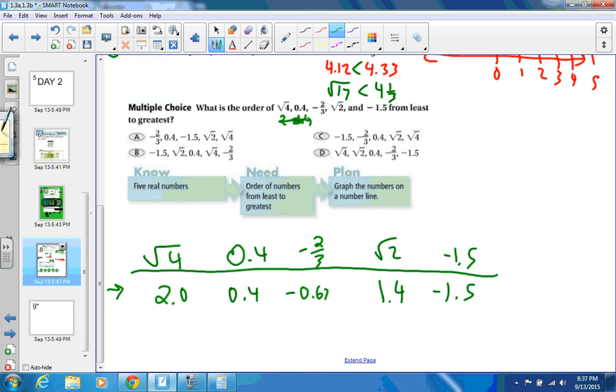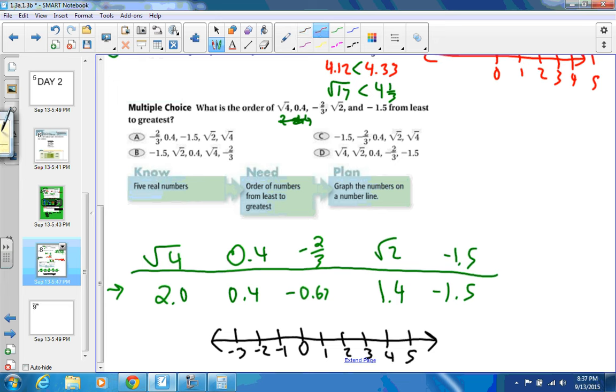So let's look at a number line here. If I were to make us a number line, I don't have to make it very big. Negative 3, negative 2, negative 1, 0, 1, 2, 3, 4, 5.